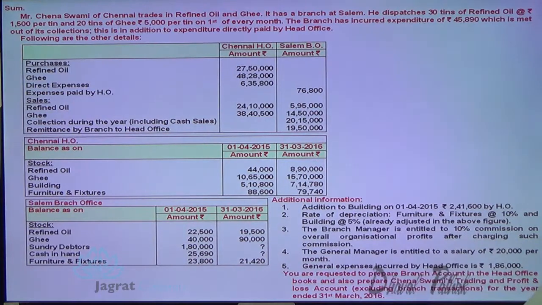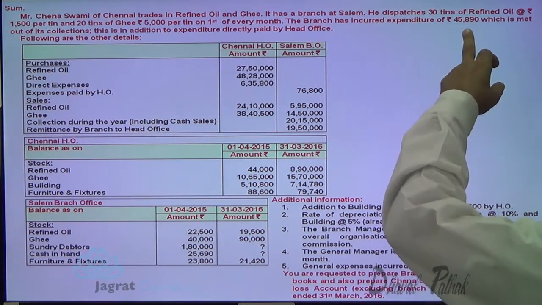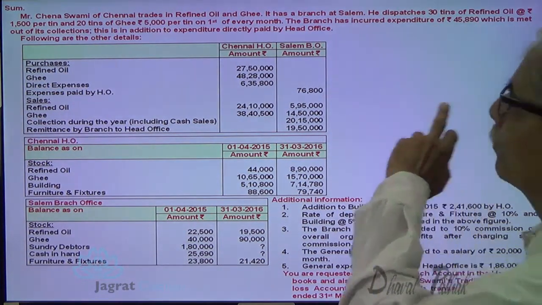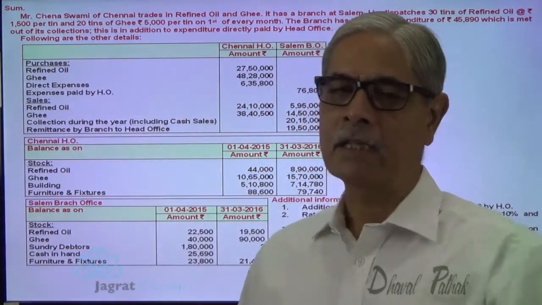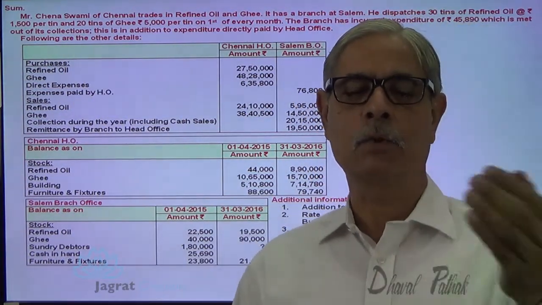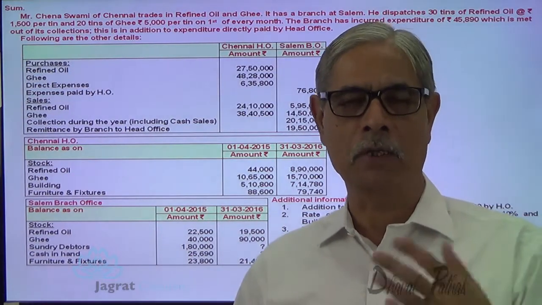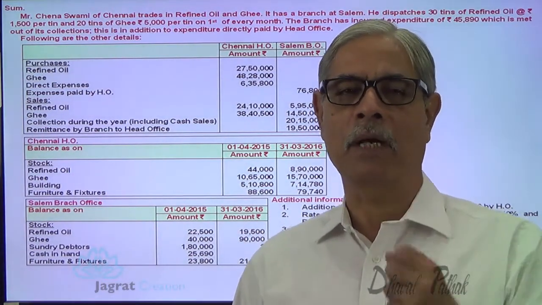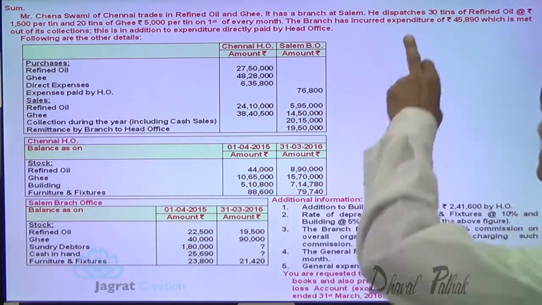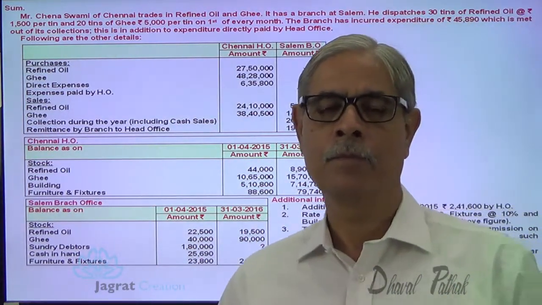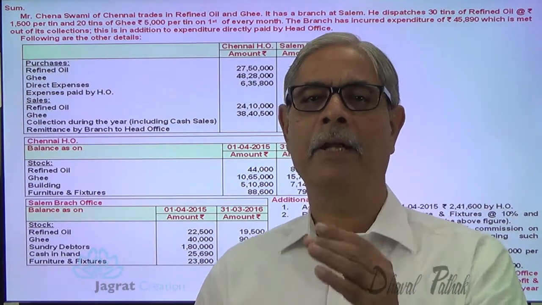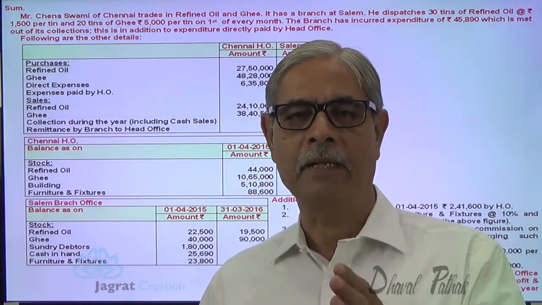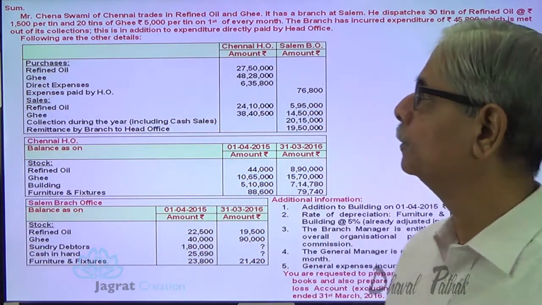The branch has incurred expenses of 45,890, which is made out of its collection. The branch sells goods either for cash or on credit. Cash comes from cash sales proceeds or from collection of debtors. The branch has paid these expenses, and after payment of these expenses, remittance has occurred to HO.